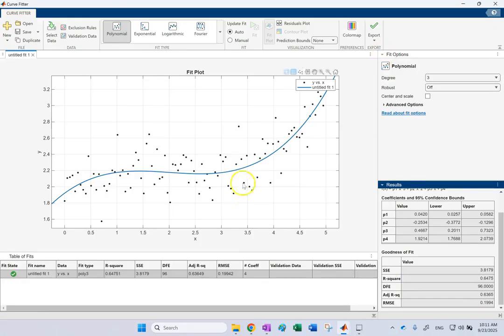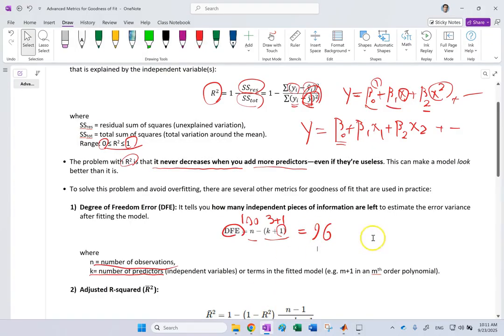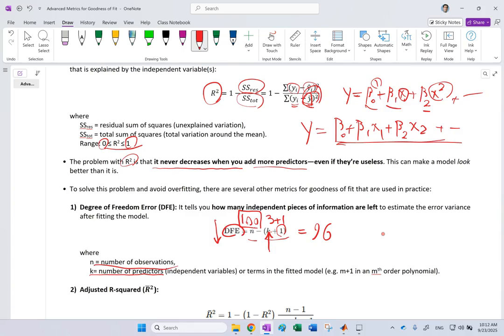So now going back, how does this help? Well, since my data is fixed, the bigger the order of polynomial that I use, the bigger the k I use, this DFE is going to go down. So with more complex polynomials or bigger predictors that I pick, this keeps going down.